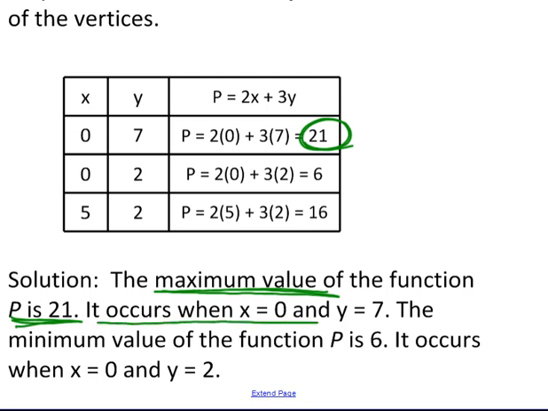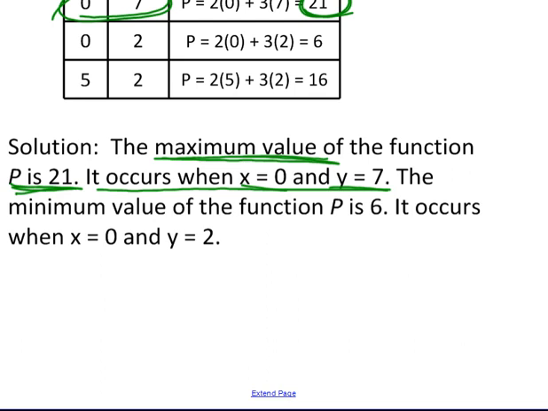It occurs at the point 0, 7. So x is 0, y is 7. This particular question also asks for the minimum value. In your homework, I believe it's either one or the other. I don't think it asks for both the maximum and the minimum. Usually we just ask for one or the other, but in this case, we wanted both.